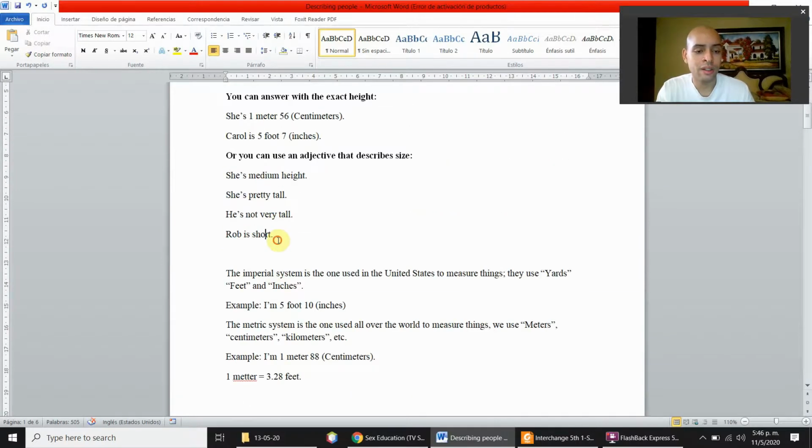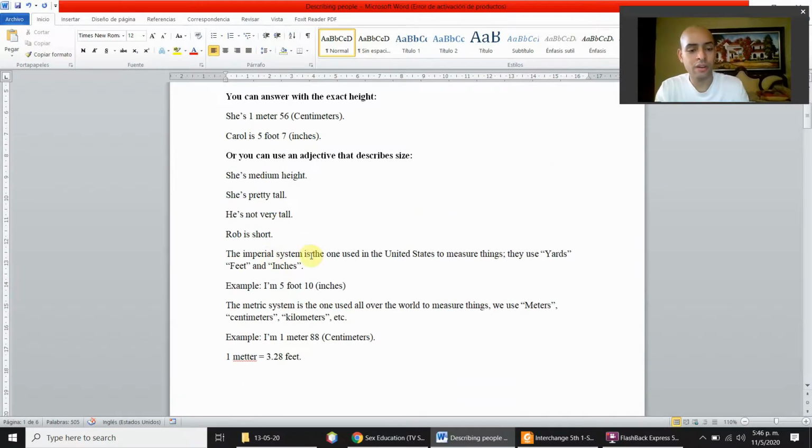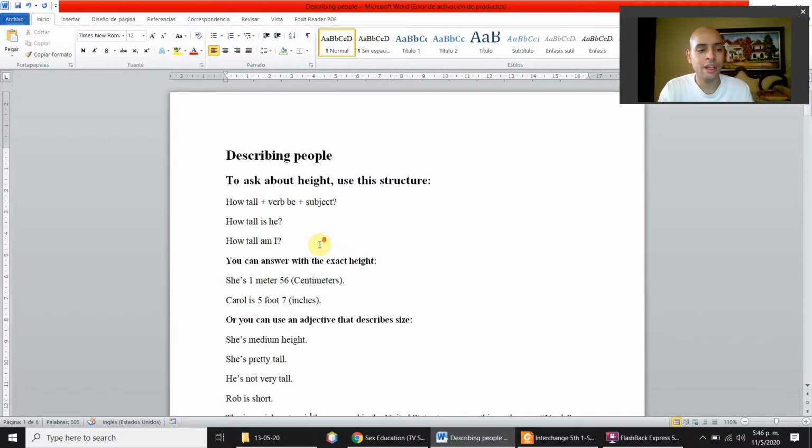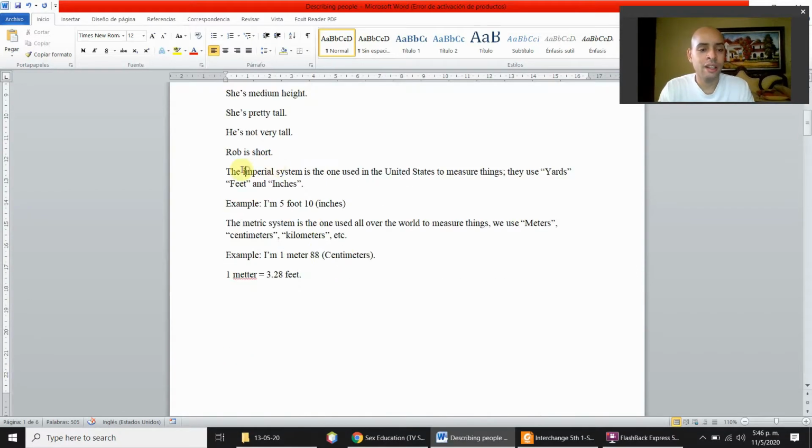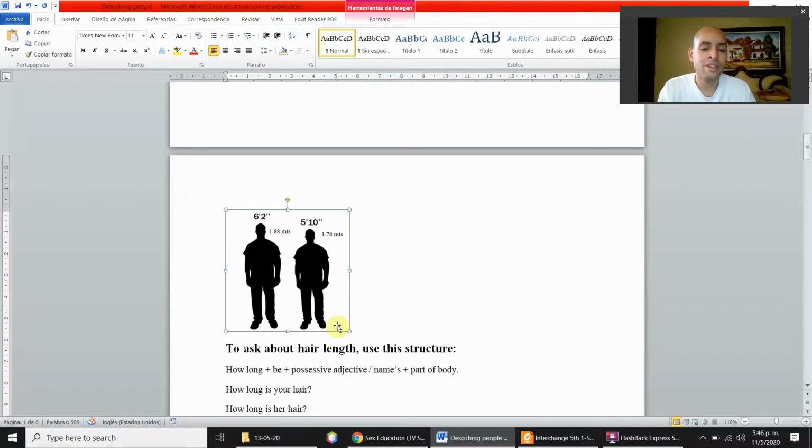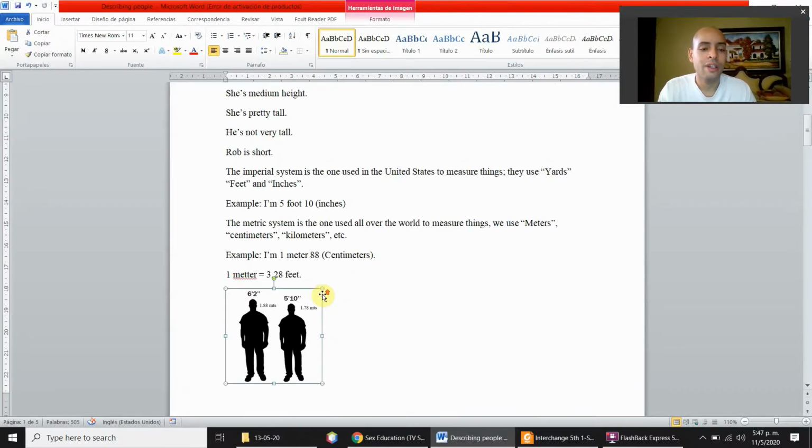So the imperial system. Well, let me explain the difference between the imperial system and the metric system. This might not be necessary for some of you, but I'm going to explain it anyway. The imperial system is the one used in the United States to measure things.